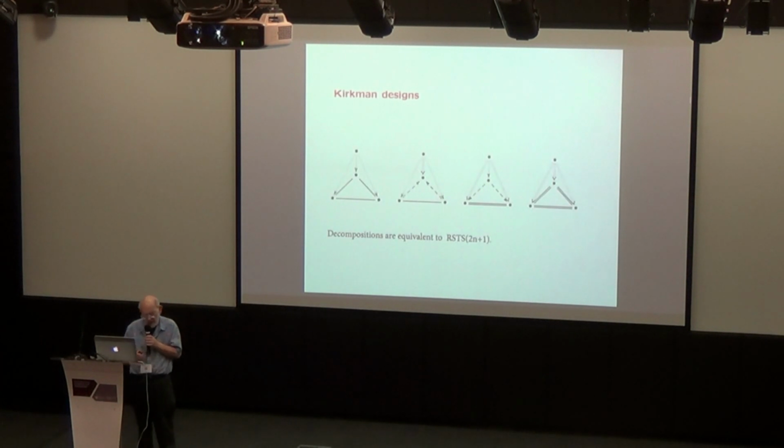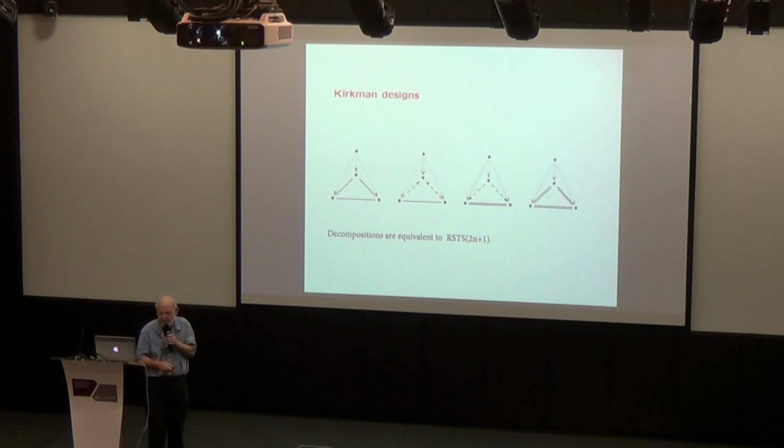Kirkman designs are actually equivalent to a decomposition. You must use, I think there are 6 colors there. Let's see. Solid, double solid, dashed, double dashed, and they're directed. Is that it? So 1, 2, 3.